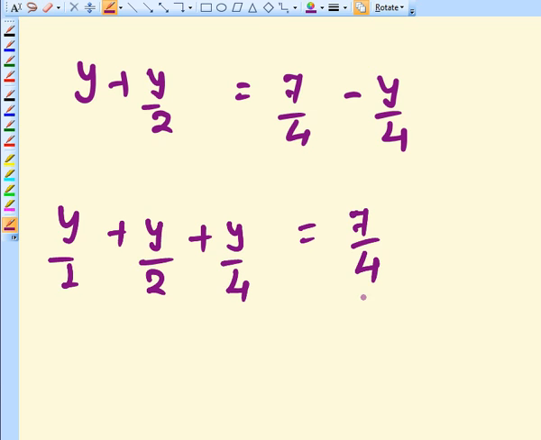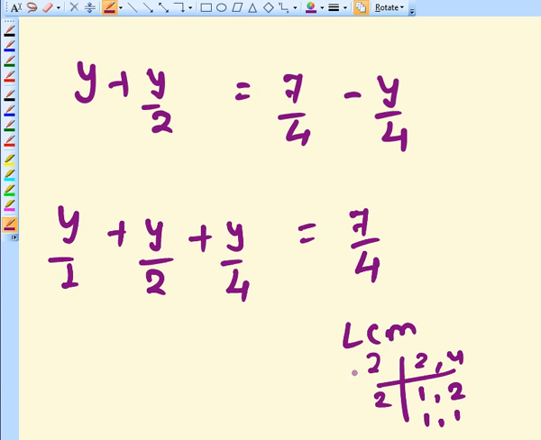Now here in denominator we are having 1, 2 and 4. So find LCM of 2 and 4, starting from 2, 1, then 2, 1, 1. So your LCM is 4. We got your LCM 4.